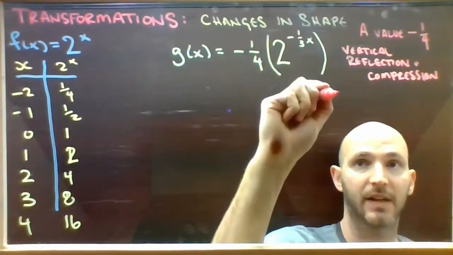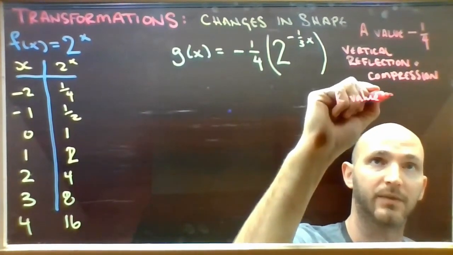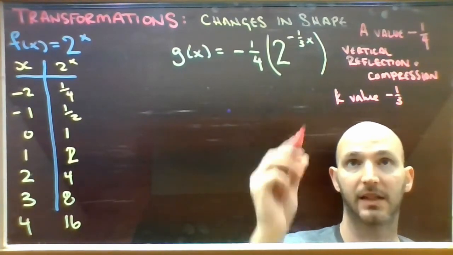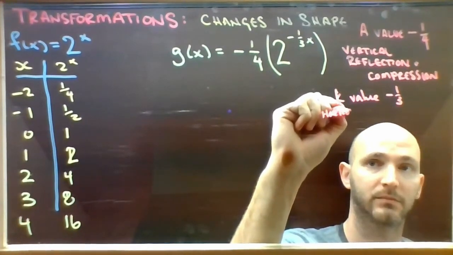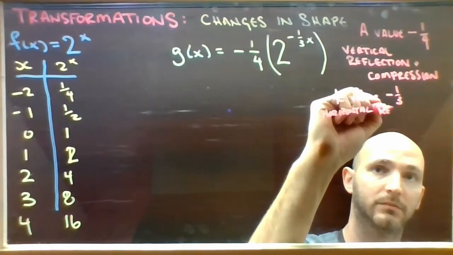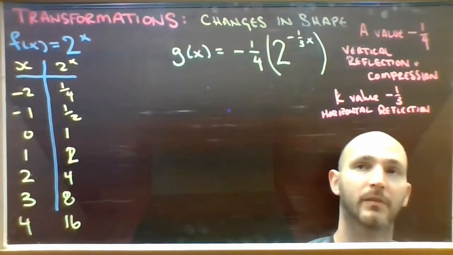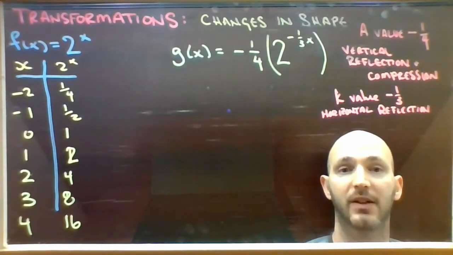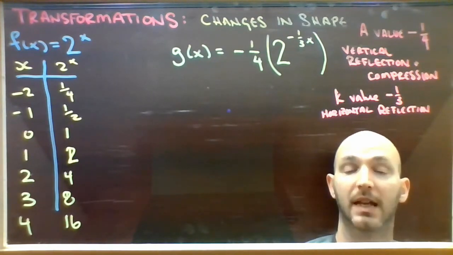I have a k value of -1/3. And the negative means that it is a reflection, so I have a horizontal reflection, and a k value that's less than 1 makes your x values less effective, which means you have to go further out in the x in order to get the same punch.